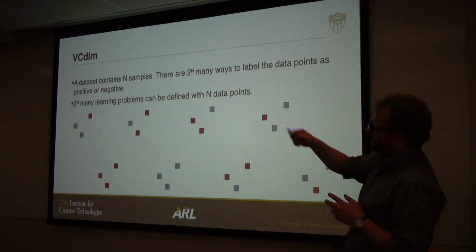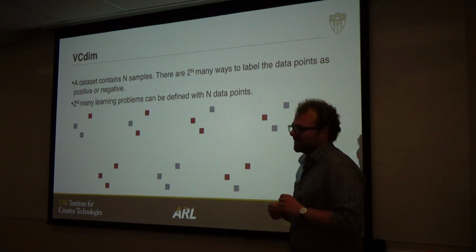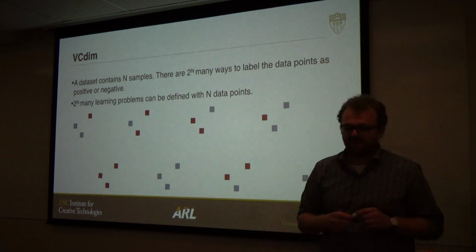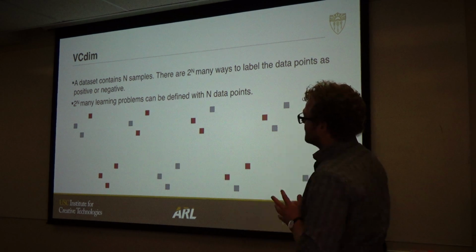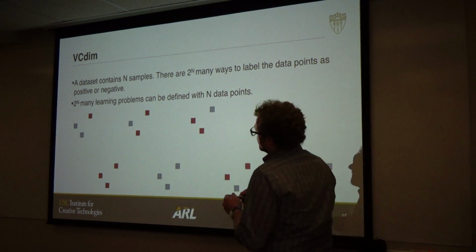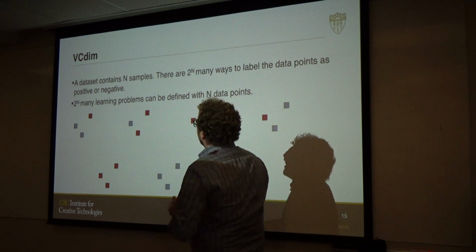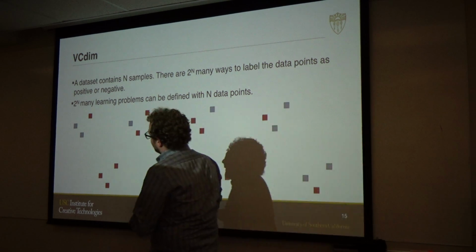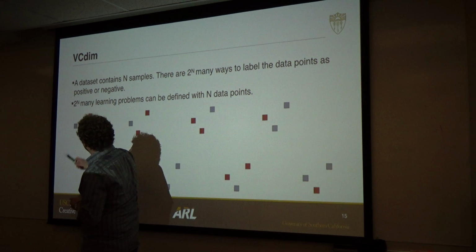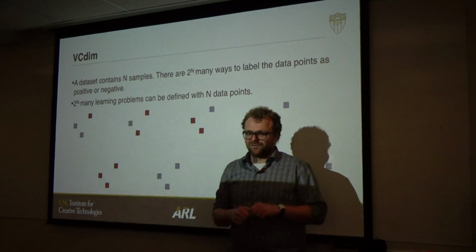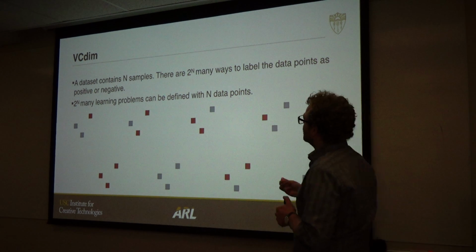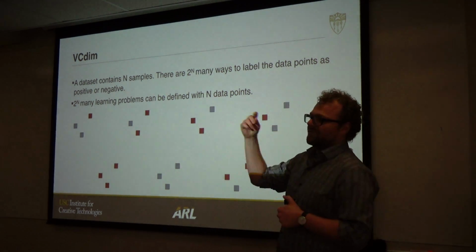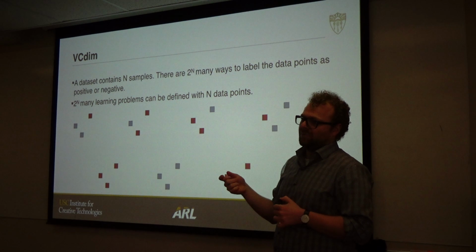We're talking about the VC dimension, the Vapnik-Chervonenkis dimension, and in this case, we basically assume that a data set contains n samples. So let's say we have 3 samples, 1, 2, 3. If we have 3 samples, we have exactly 2 to the power of 3 possible ways to label them, right?